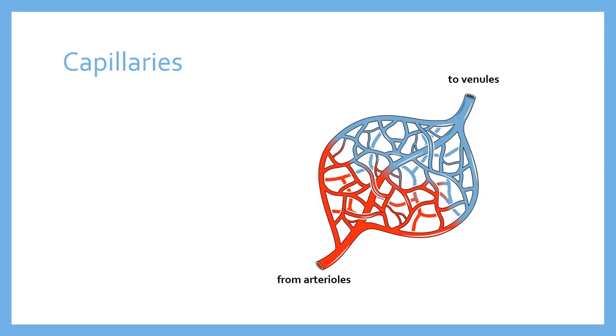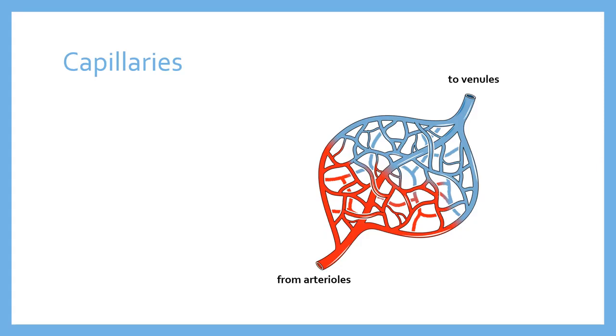The arteries have split and branched and split and branched and so on, and now have arrived at their destination. They've arrived at the organ where the oxygen is supposed to be either dropped off or picked up. So dropped off in the case of muscles, picked up in the case of the lungs. So they've arrived from these arterioles into this dense network located in the tissues where the oxygen is either being picked up or dropped off.